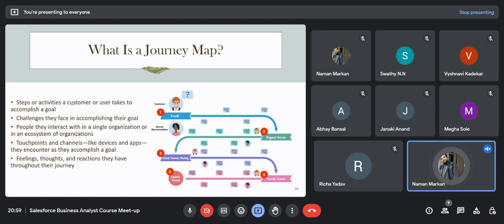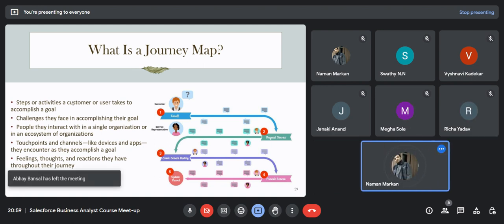So what we have done is map out all the activities the customer has taken in order to accomplish a particular goal. We also looked into the challenges they have been facing while trying to achieve certain goals.